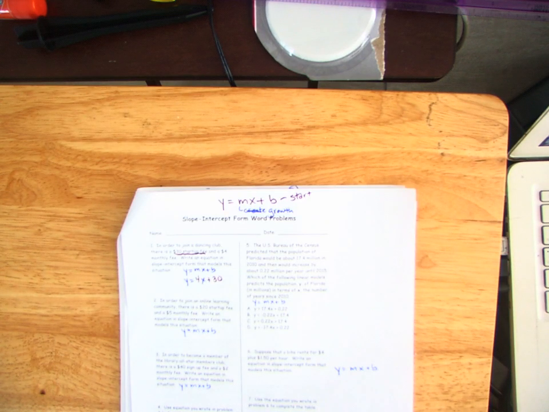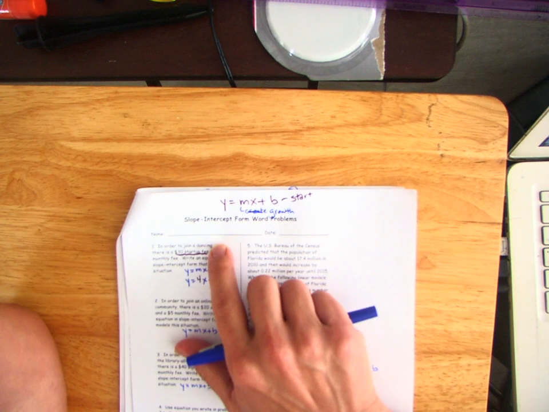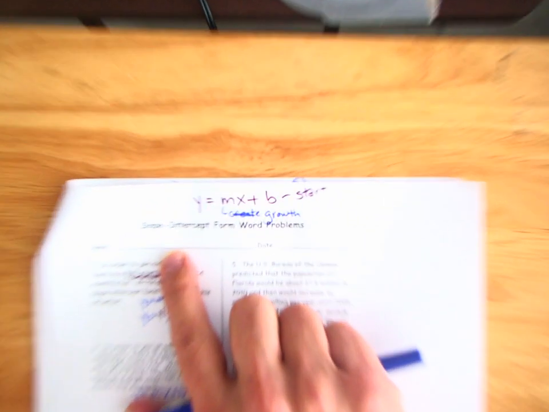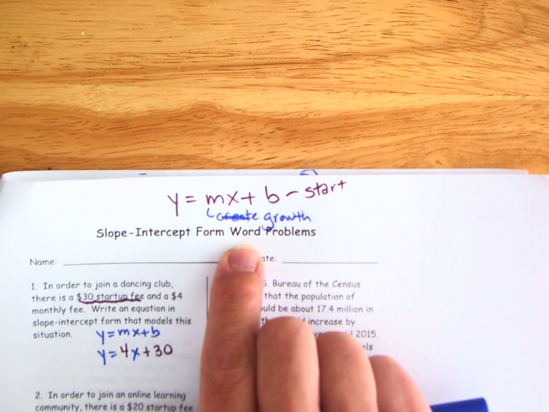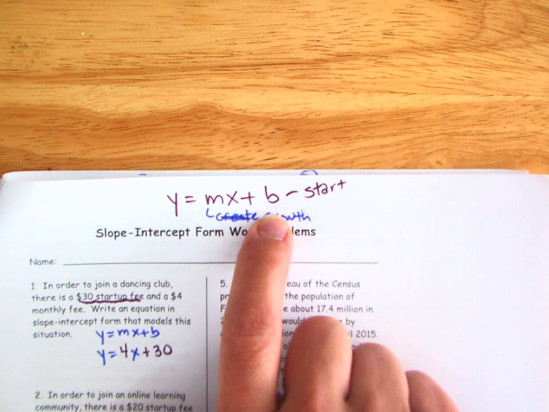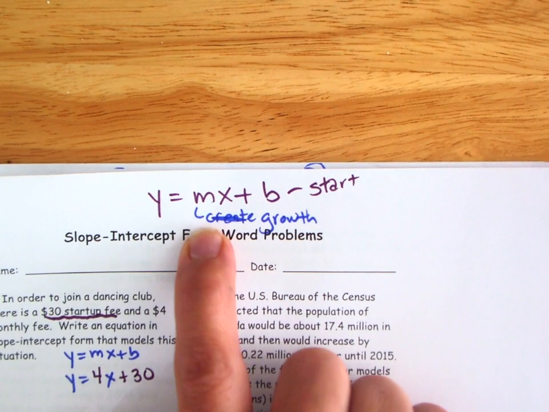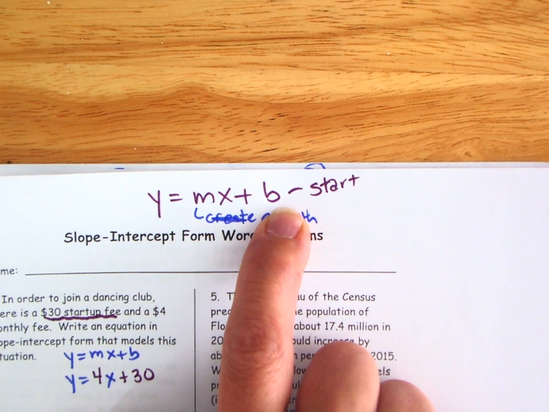How you guys doing? So today, or yesterday, I did the lesson on slope-intercept form word problems, meaning y equals mx plus b, where the m is the slope or the growth, and then the y-intercept.